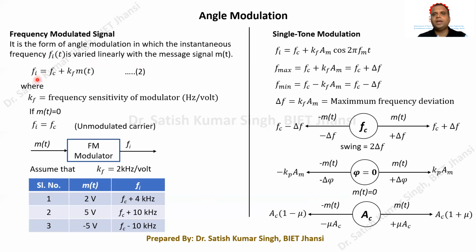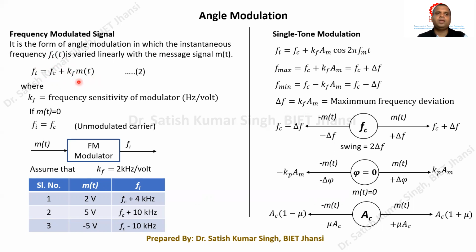So basically, what we are trying to say is that in frequency modulation, the instantaneous frequency of the carrier is proportional to the message signal, and it is linearly varying with the message signal. So it can be defined as fi(t) equals fc, which is the unmodulated carrier frequency, plus Kf times m(t).